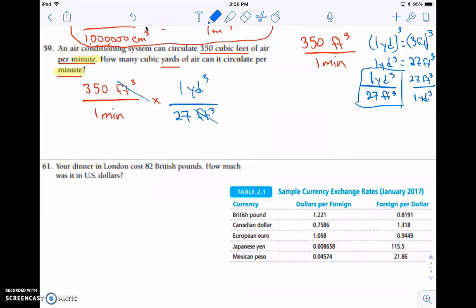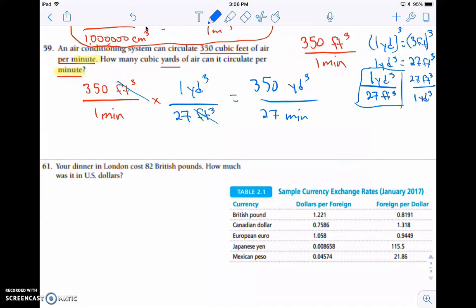If it said cubic yards per hour, then we'd have to also change minutes into hours, but those units stay the same. So now we multiply across, so we get 350, and the units there are yards cubed. On the bottom, we get 1 times 27, which is 27 minutes.